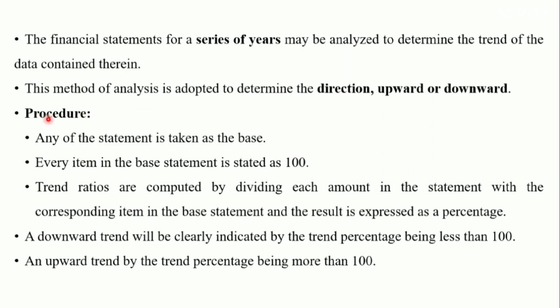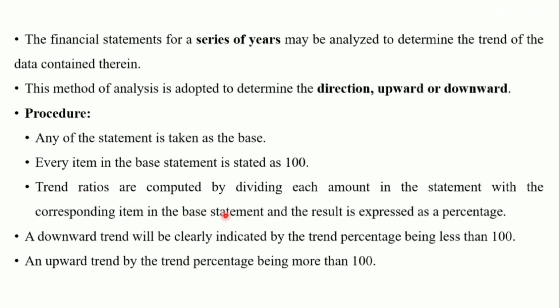Now, this is the procedure to do the trend analysis. First, any of the statements is taken as the base. Then every item in the base statement is stated as 100. Then trend ratios are calculated. How is the trend ratio calculated?